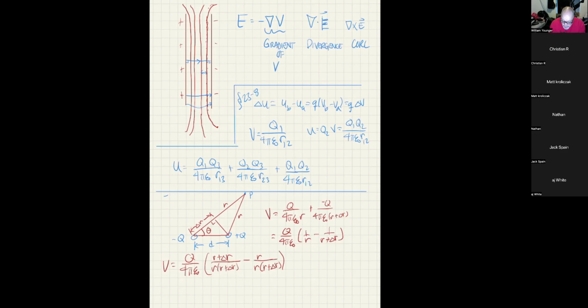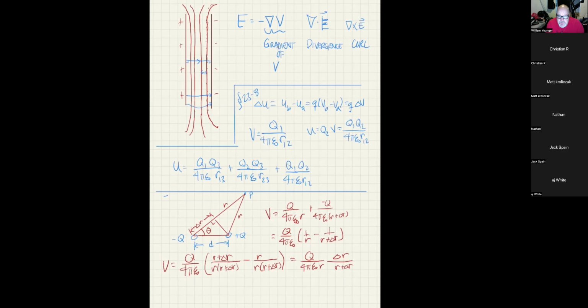And when I do those, of course, that's going to become R plus delta R minus R. So ultimately I get Q over 4 pi epsilon naught. Notice I have a common factor of R in the bottom, so I can go ahead and put that here. And then I have delta R over R plus delta R. So that is actually an expression.